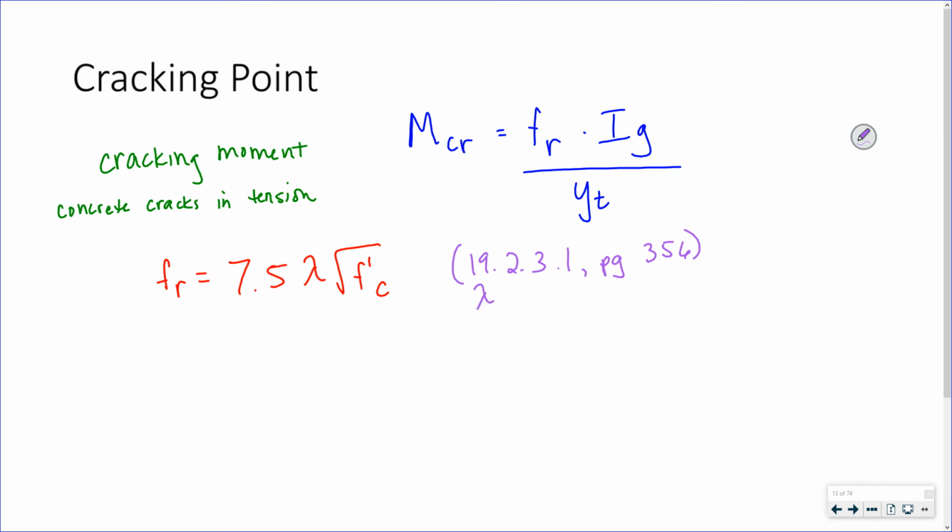Lambda equals 1.0 for normal weight concrete. And remember, f prime c is in psi, and your modulus of rupture is in psi. That psi under the square root comes out psi. It's magical.